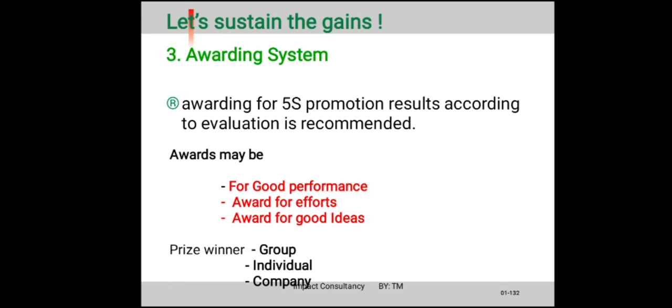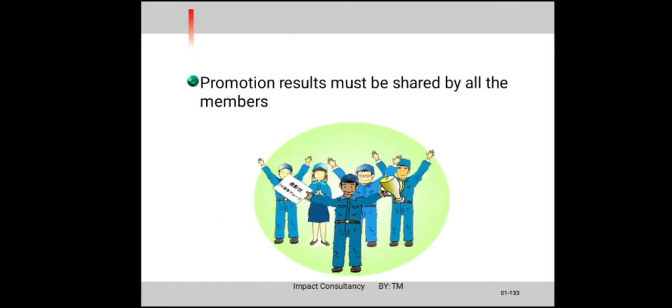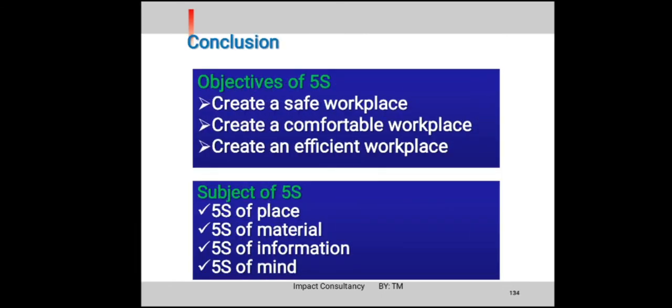Prize winners, group, as an individual, as a company, you should give prizes, so that 5S will be implemented and it will be a culture. Promotion results may be shared by all the members, celebrate together, so that the 5S will be culture for organization.